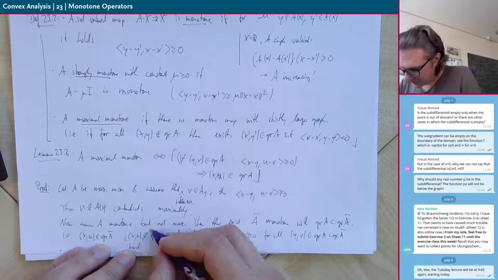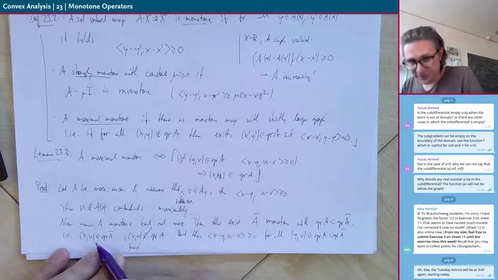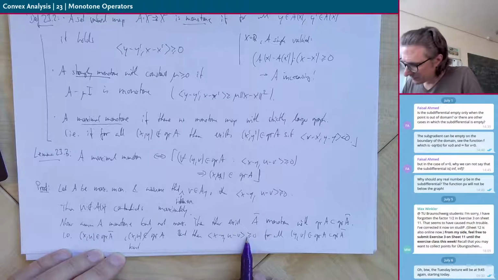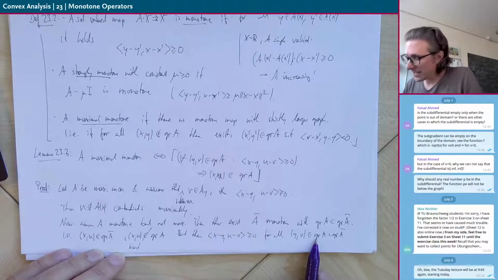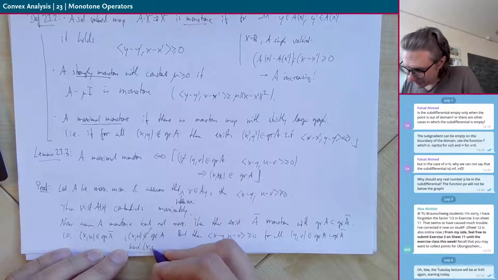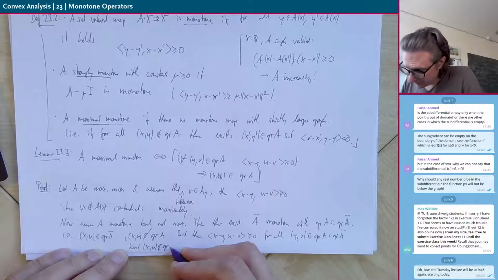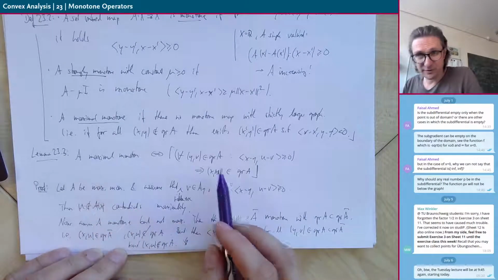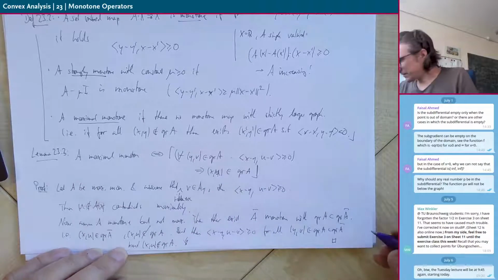Oh, sorry, this was wrong. So we assume that this x and u is in the graph of the larger, but not in the graph of the smaller. And then you will have this here. This will be positive whenever y and v is in the graph of A, because this is also in the graph of A bar. But you have that x and u is not in the graph of A, and this is the contradiction to what you want to show. So this doesn't hold, and this doesn't hold. Okay.